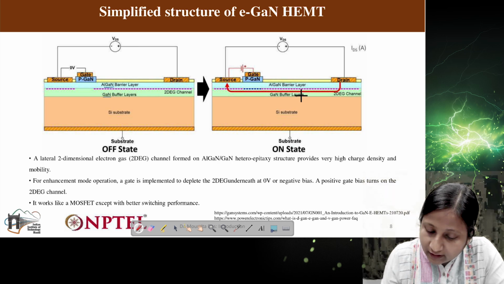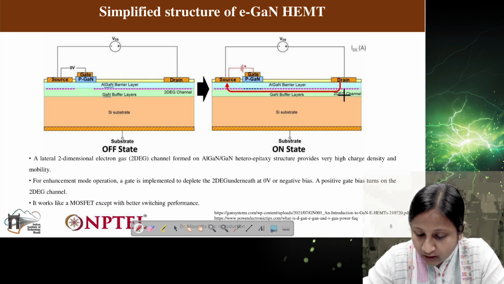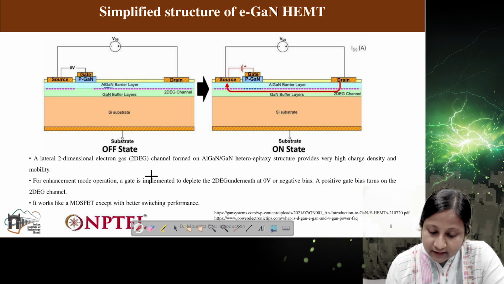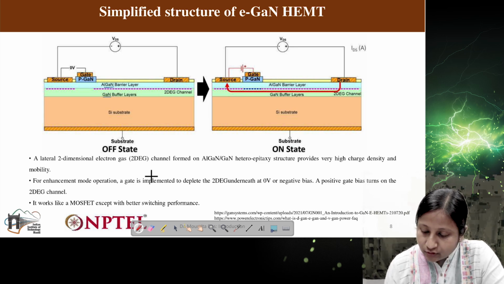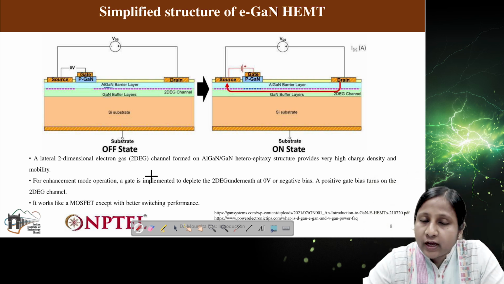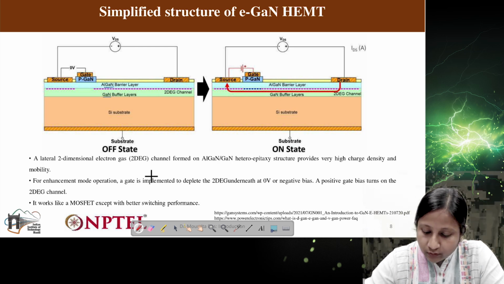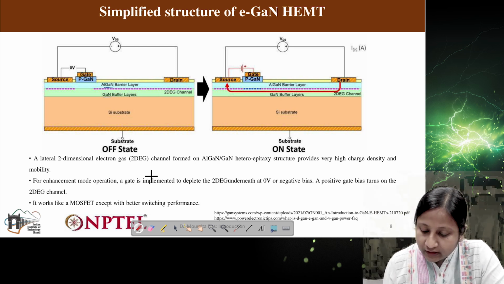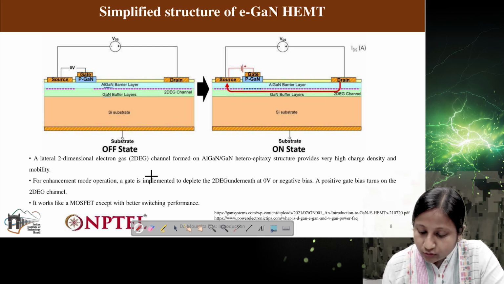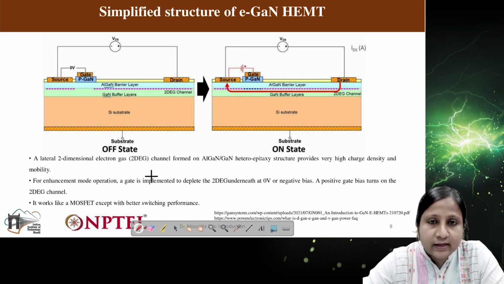You can see on the right, when positive voltage is applied to the gate, drain to source current flows through this two-dimensional electron gas layer. This two-dimensional electron gas layer is a very new kind of concept compared to silicon devices. When zero voltage is applied, the device will still be in conduction state.